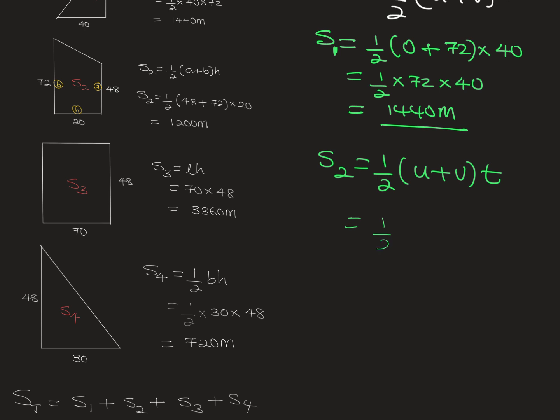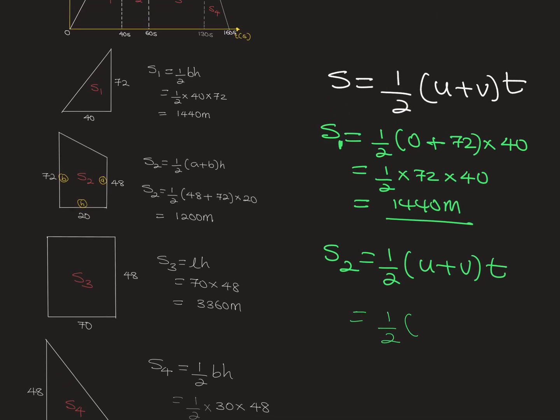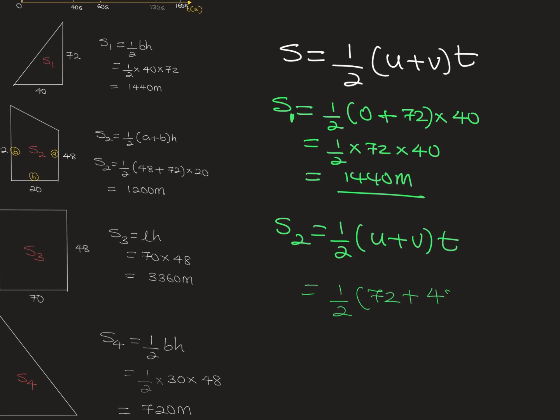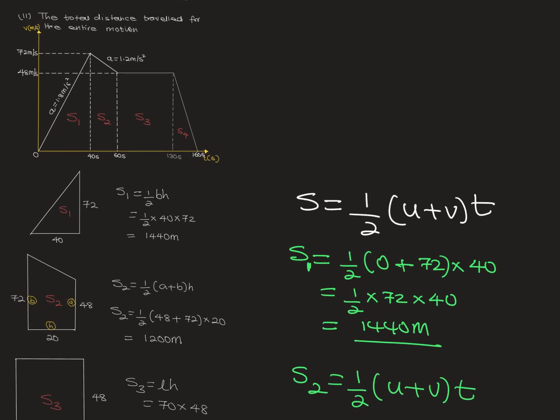That is going to be half. The initial velocity is 72 plus the final velocity is 48, multiplied by the time, which is 20, and you are supposed to have an answer of 1200 meters.